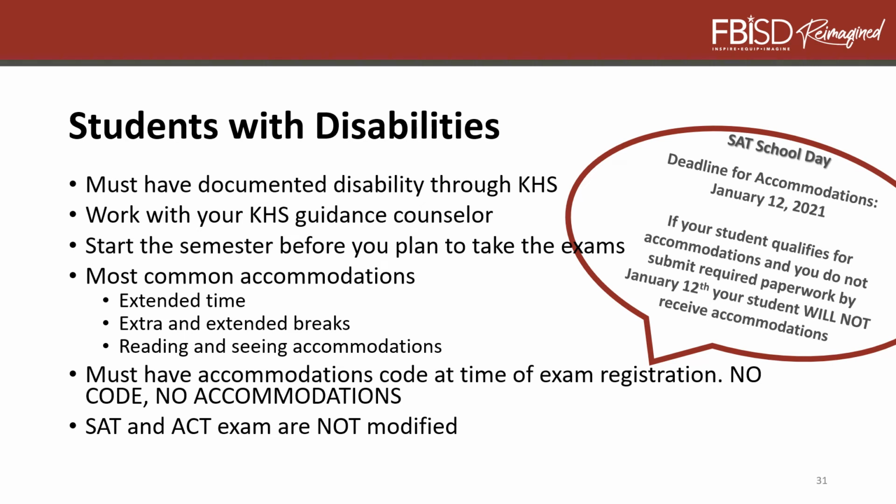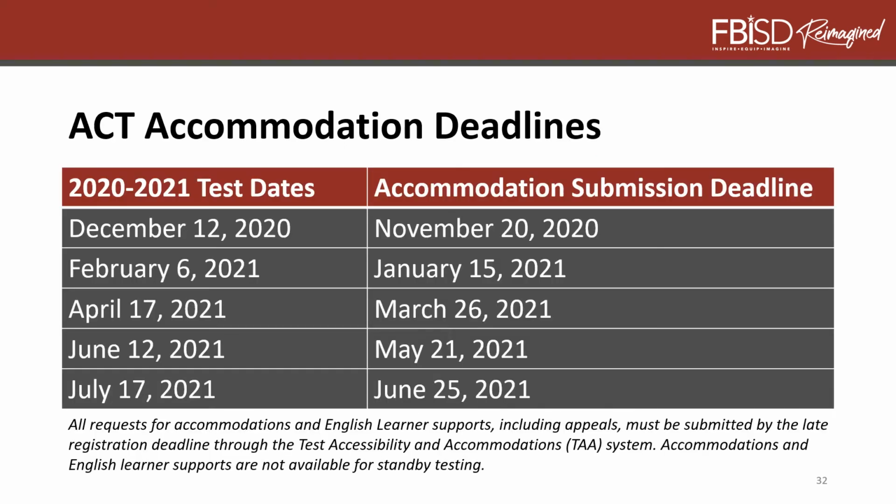For the class of 22, if you are taking the SAT school day on March the 3rd, the deadline for accommodations for SAT school day is January 12th. You will receive additional information on instructions you will need to follow to have accommodations put in place for SAT school day. ACT accommodation deadlines. The ACT accommodation deadline is the last day to register for the exam.